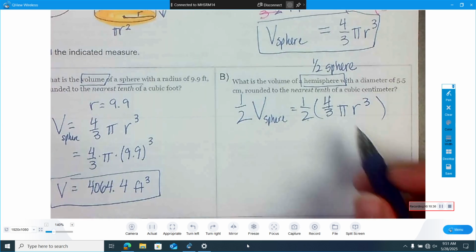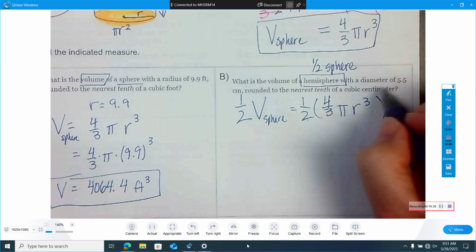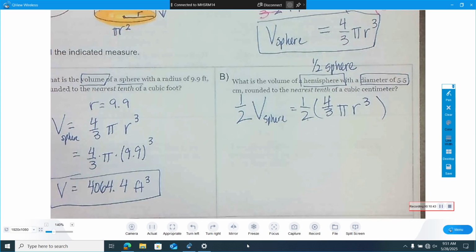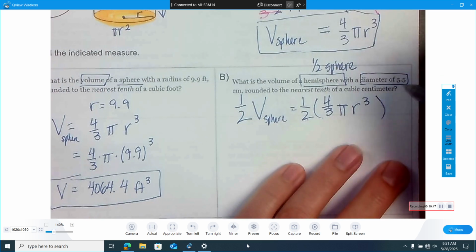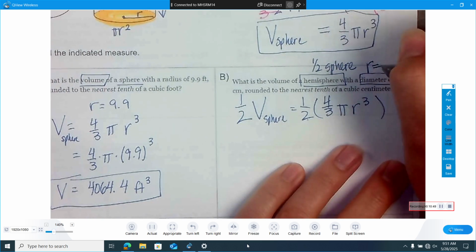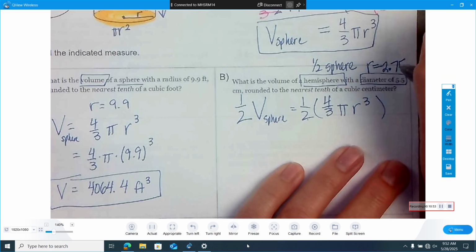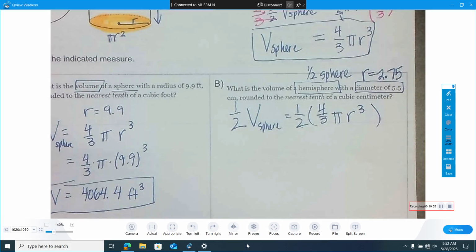Okay. All right. Let's see. And we have a diameter of 5.5. Okay, the diameter is 5.5. That means the radius equals 2.75. Okay, read carefully, please, ladies and gentlemen. We need a radius, not a diameter.